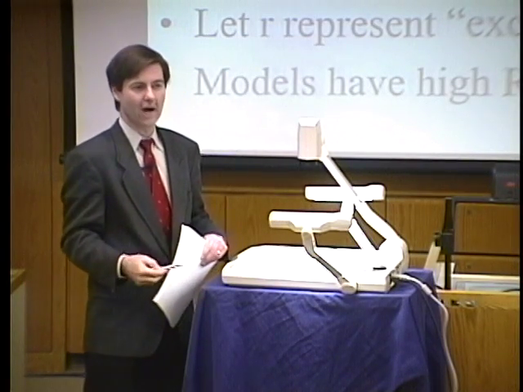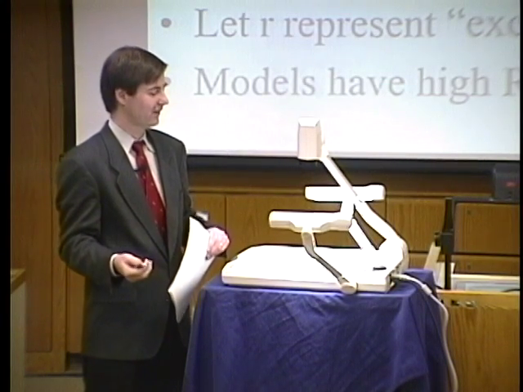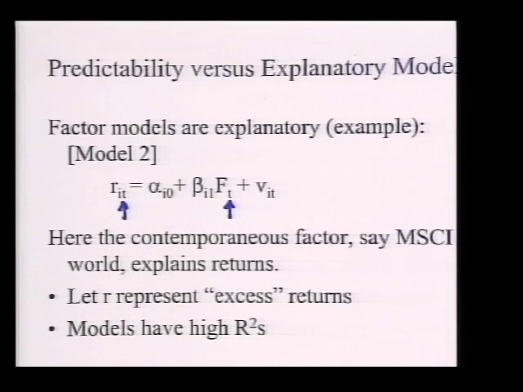So if the beta is 1, and let's say the factor excess return goes up by 10%, we expect the security's excess return to go up by 10%, one-to-one. If the beta is 2, then it's 20%. That's what we expect. This gives us a measure of the contemporaneous relation between the factors and the returns.